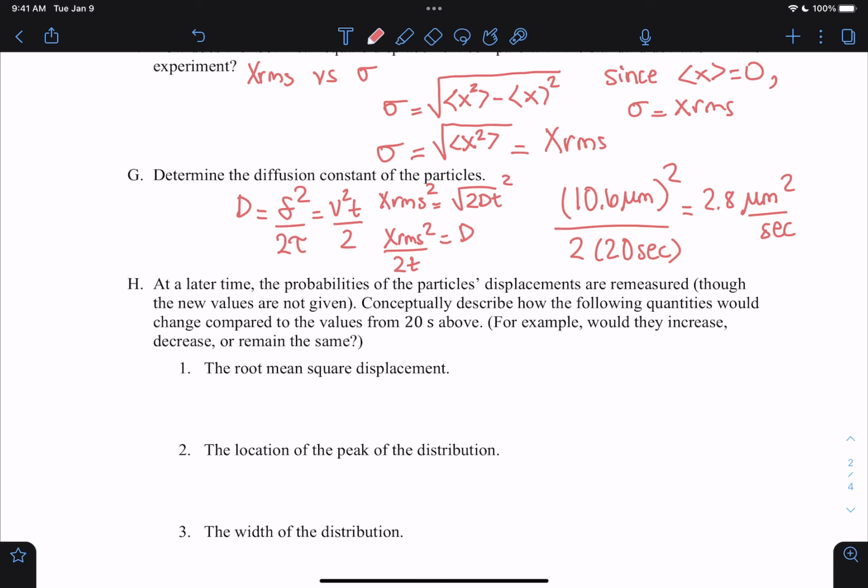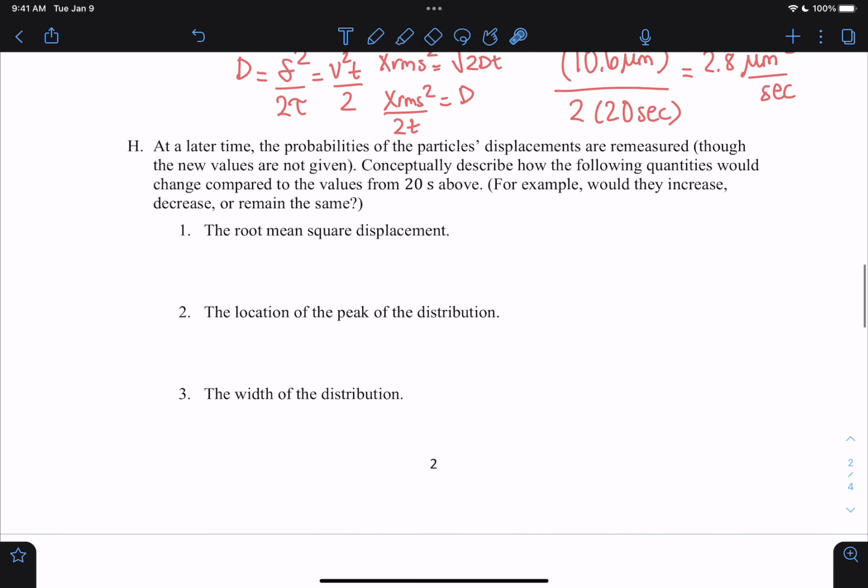So we don't have access to the probabilities necessarily, right? But from a conceptual standpoint, we can predict what's going to happen to each of these different values, whether they're going to decrease, increase, or remain the same with an additional 20 seconds. So as time progresses, how does the root mean square displacement change? How does the location of the peak of the distribution change?